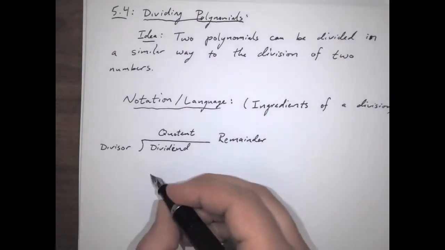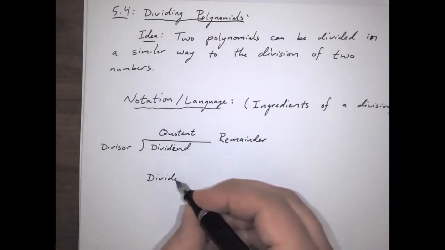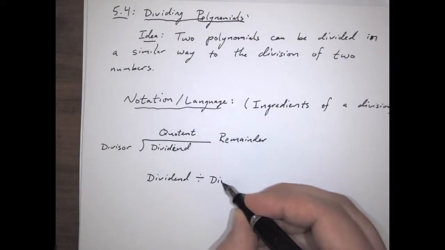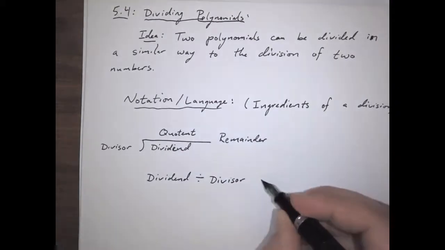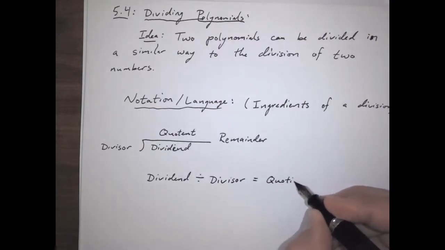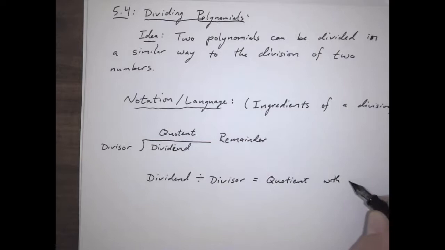Another way of writing this is dividend divided by divisor equals quotient with remainder.